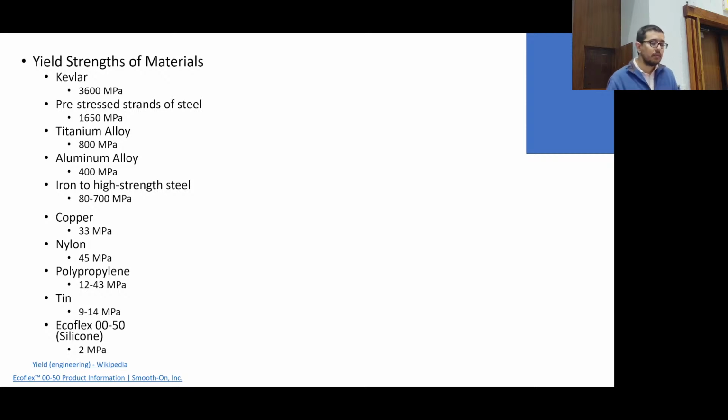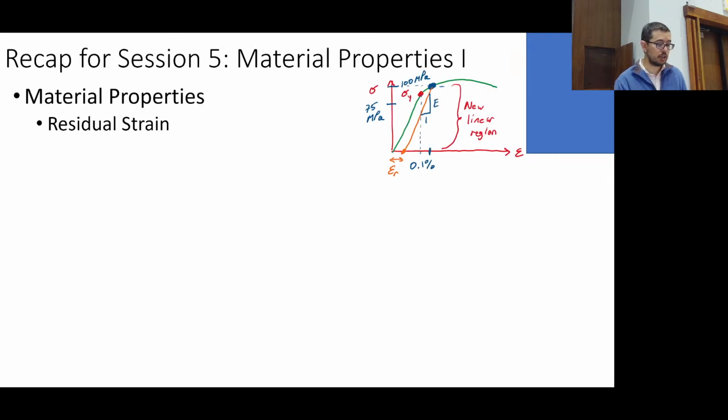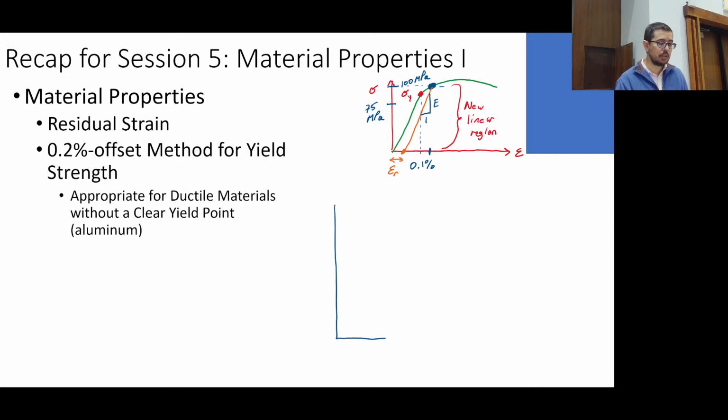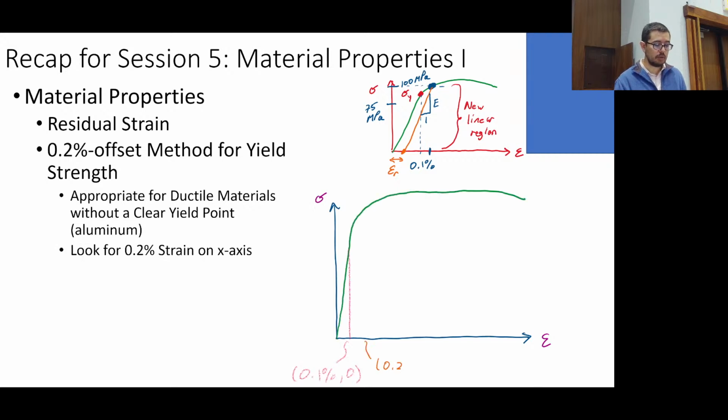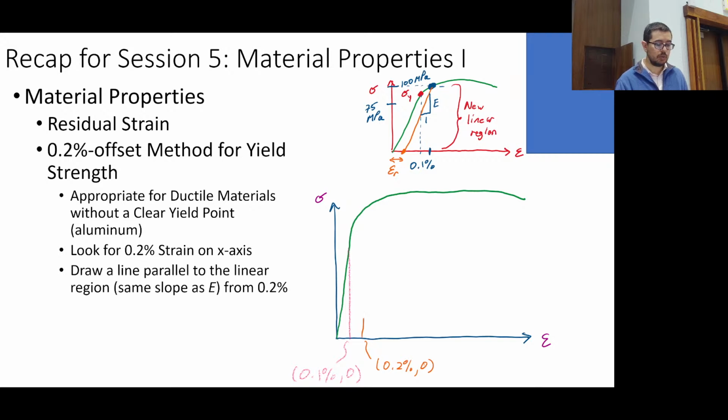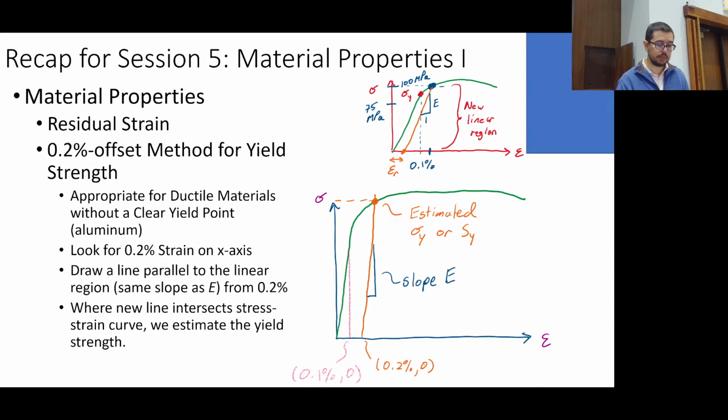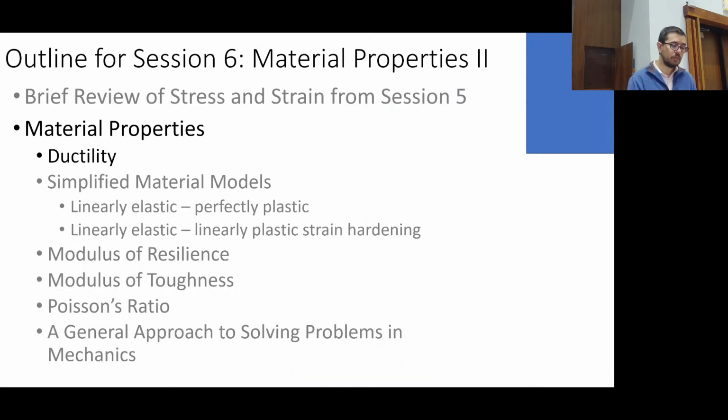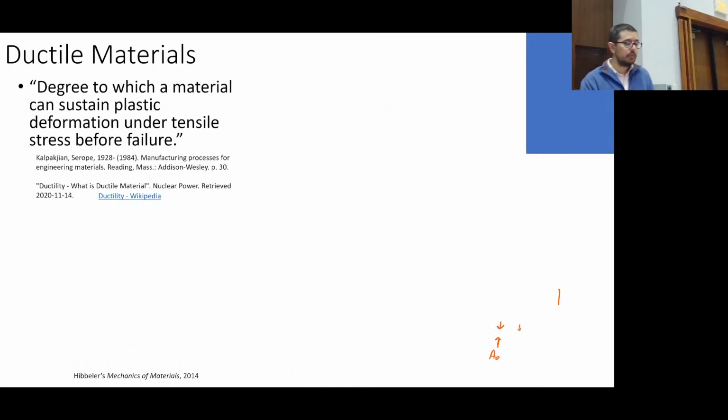And the elastic modulus does not change, but the yield strength can change significantly. Okay. So we've just covered these, and we talked about how we handle this 0.2% offset. Yes, that's all we need to know there. Okay. Moving on.